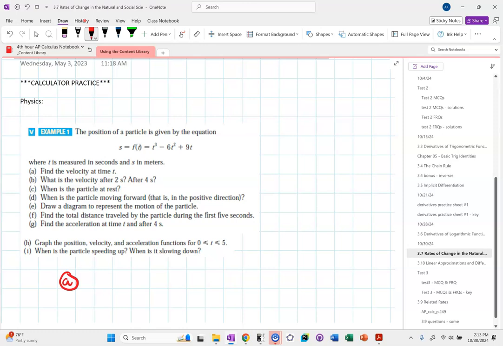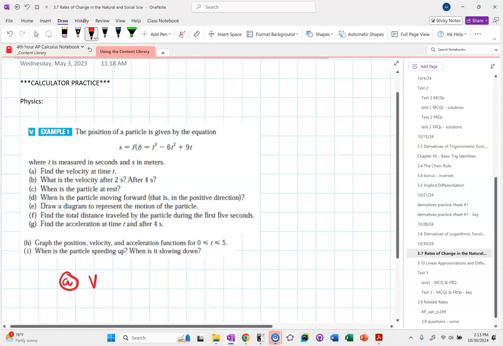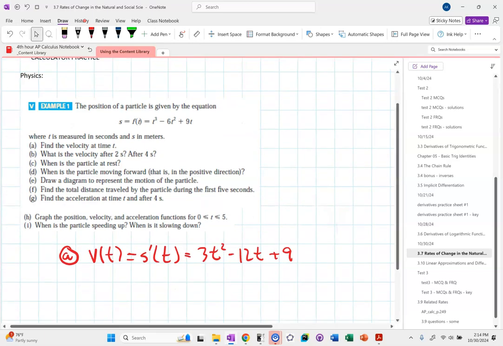What's the relationship between position and velocity? Velocity is the first derivative of position, right? So what's the derivative of position here? Plus 9, right? Excellent. Everybody's good there?